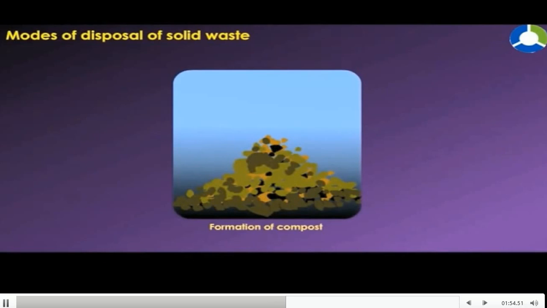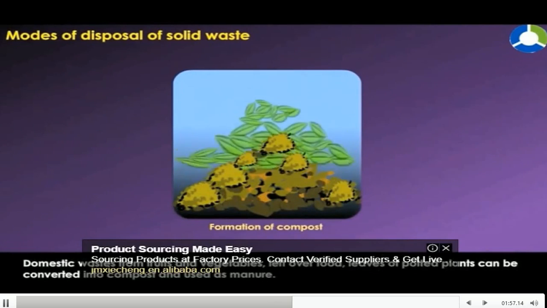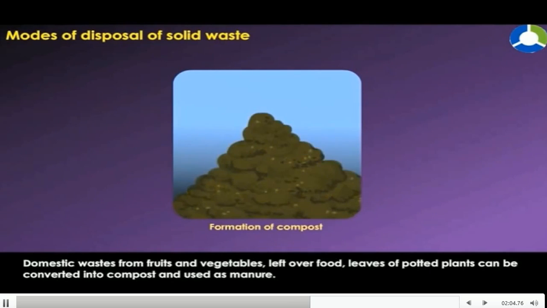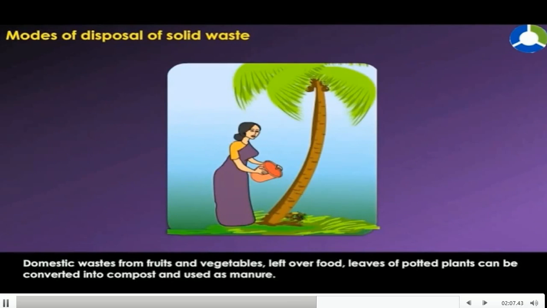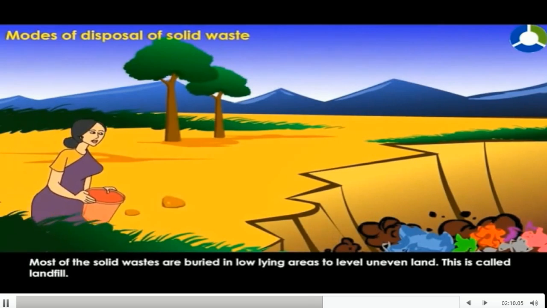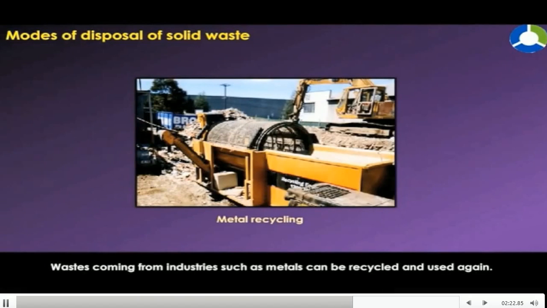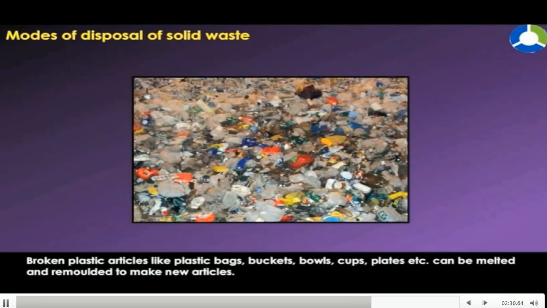Modes of disposal of solid waste. Domestic waste from fruits and vegetables, leftover food, leaves of potted plants can be converted into compost and used as manure. Most of the solid wastes are buried in low-lying areas to level uneven land. This is called a landfill. Waste coming from industries such as metals can be recycled and used again.